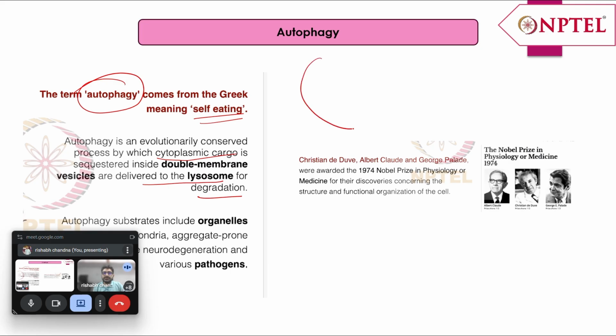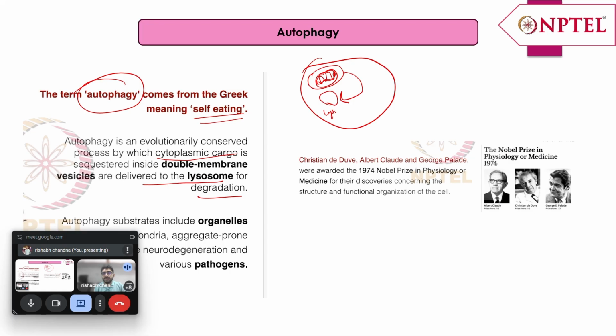So this is a cell, and for example, this is a mitochondria that needs to be removed from the cell. What will happen? A double membrane sac would be formed near this mitochondria, and this sac will be delivered to the lysosome.